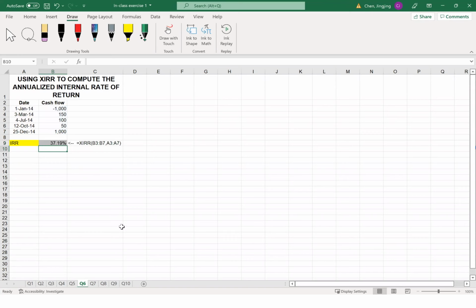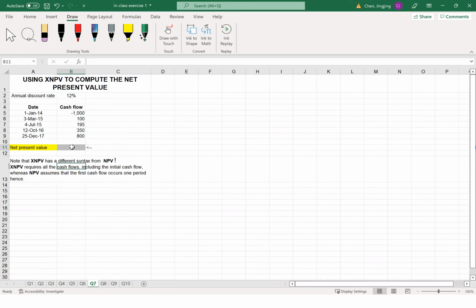Enter. So the difference is we're not entering any number of periods, but we are actually using the actual day. Okay, so that's the difference of using XIRR instead of IRR. Similar here for XNPV.